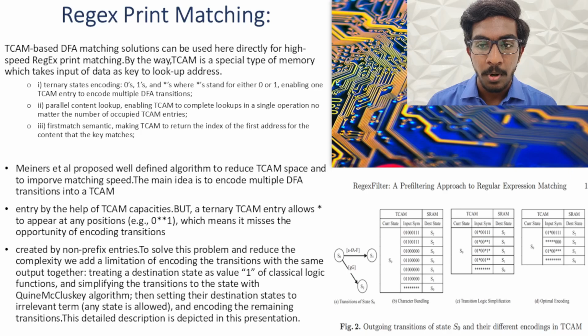To solve this problem and reduce the complexity, we had a limitation of encoding. So we use the Quine-McCluskey algorithm. Then we set their destination states to irrelevant terms and encode the remaining transitions. The detailed description is depicted in this representation.